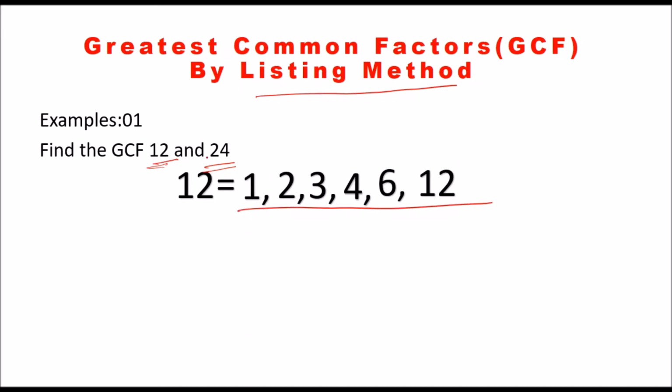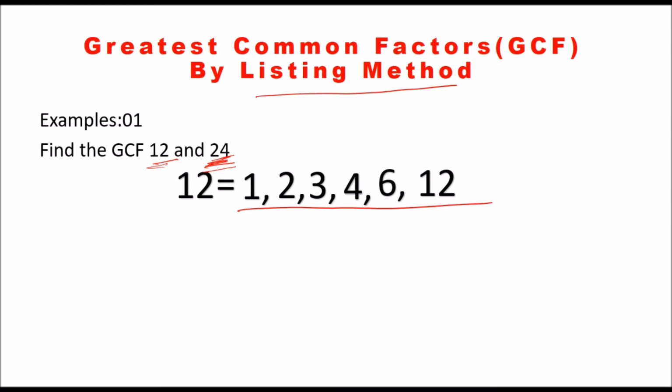Also, we have to list the factors of 24. You remember that half of 24 is 12, so we list all numbers from 1 up to 12.